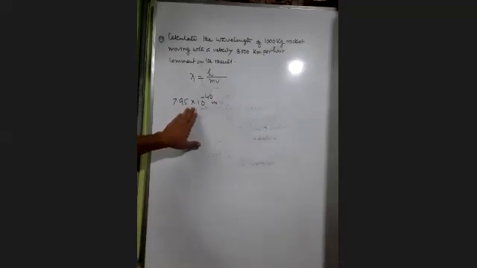Now see. Look at this wavelength. It is so small that we can say the rocket is having a linear motion.